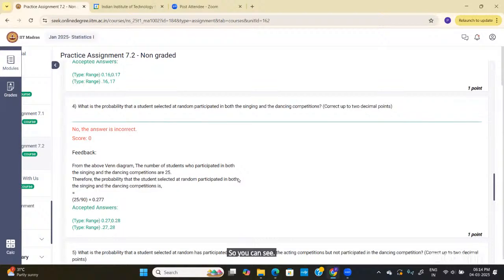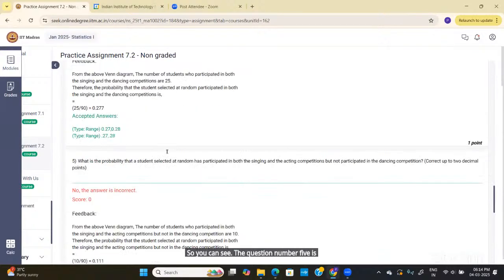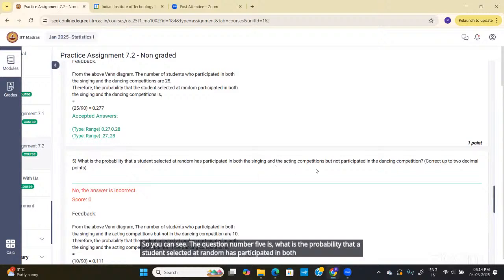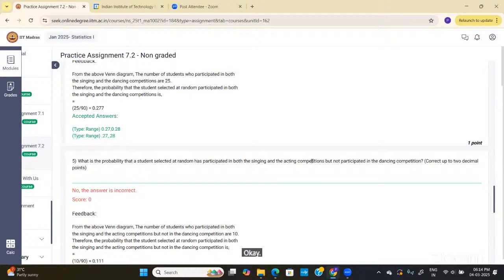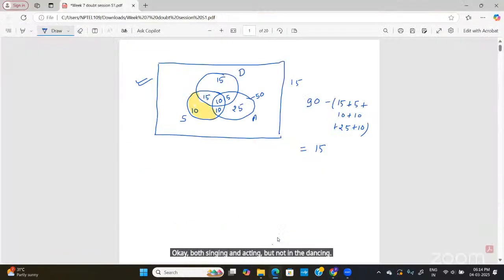The question number 5 is, what is the probability that a student selected at random has participated in both singing and acting competitions? Both singing and acting, but not in the dancing.